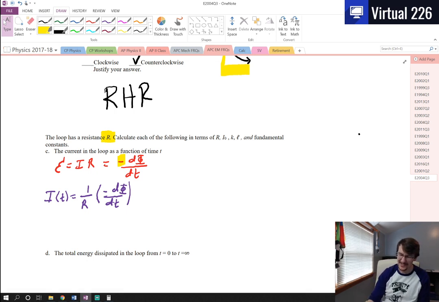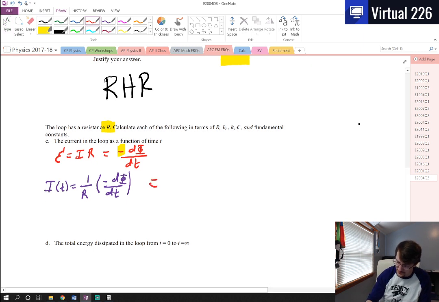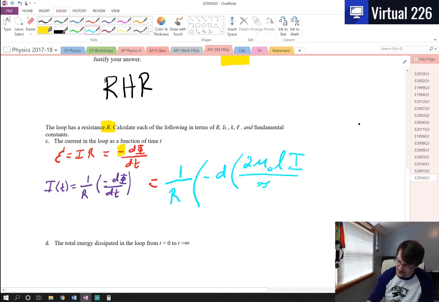What we can say here is that given that our flux is 4 mu naught IL over 2 pi, natural log of 4, instead of plugging in, let's just write this out. This is going to equal 1 over R times the negative d of, and then 4 over 2 is just 2, so let's write this 2 mu naught L, and then that was I, and this is just over pi with a natural log of 4 thrown in.